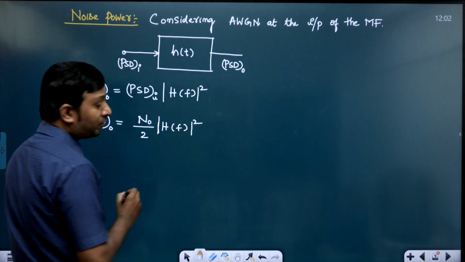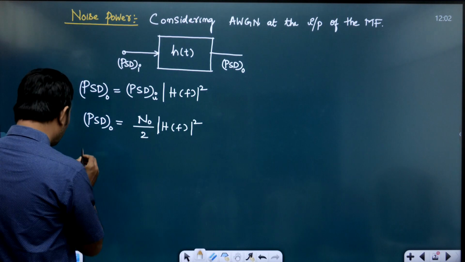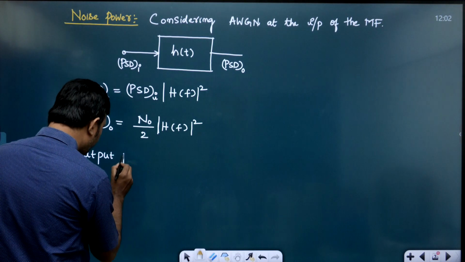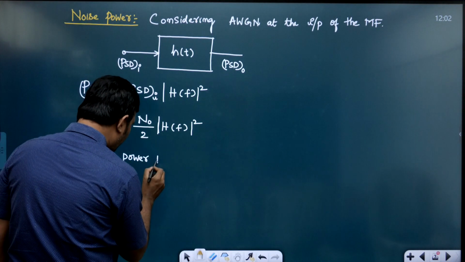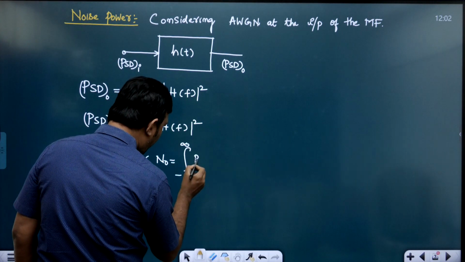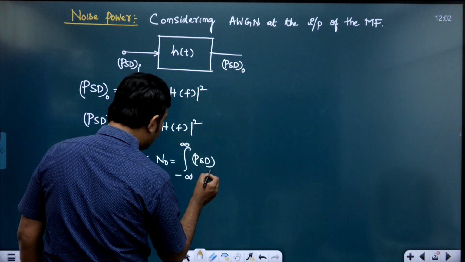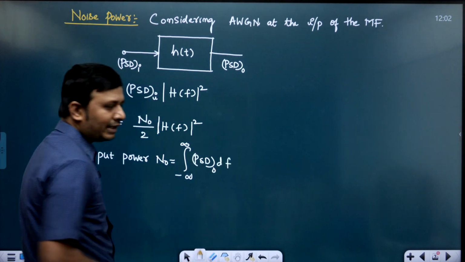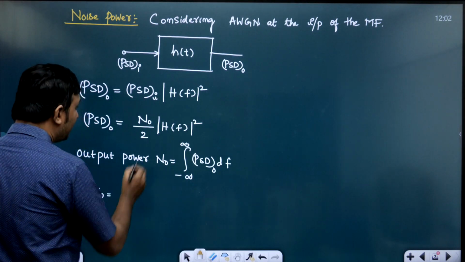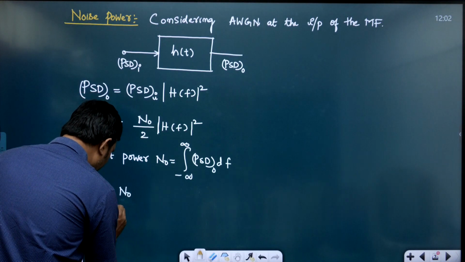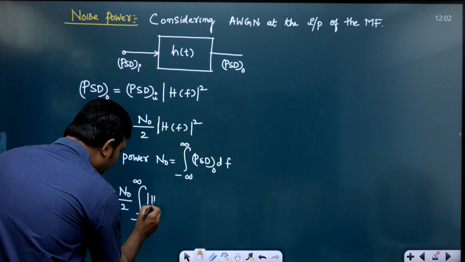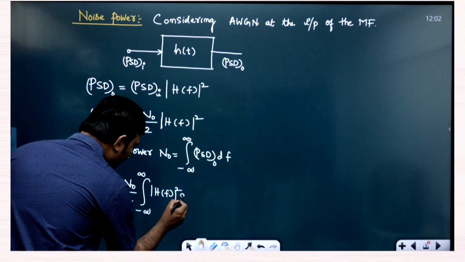And from the power spectral density, how are we going to calculate the power? Output power N naught is equal to area, means integration. Output power is equal to area under the power spectral density, or N naught is equal to, this is constant, n0 by 2 is constant, so n0 by 2 times integral minus infinity to infinity magnitude of h of f whole square df.